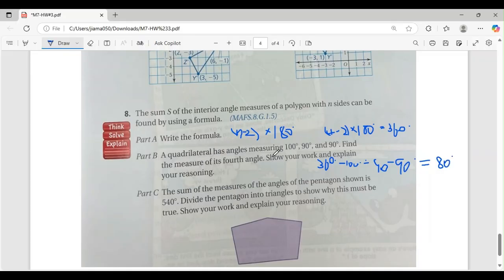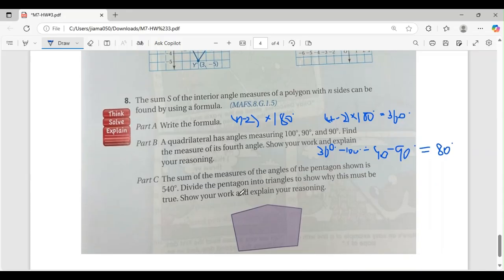Okay, let's see. Part C. The sum of the measures of the angles of the pentagon shown is 540 degrees. Divide the pentagon into triangles to show why this must be true. Show your work and explain your reasoning.